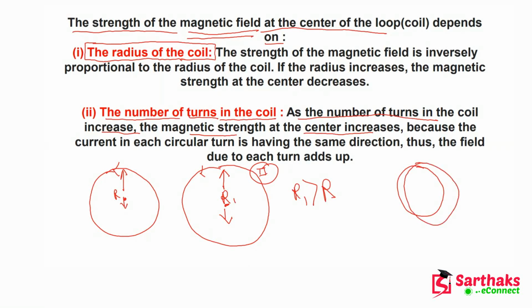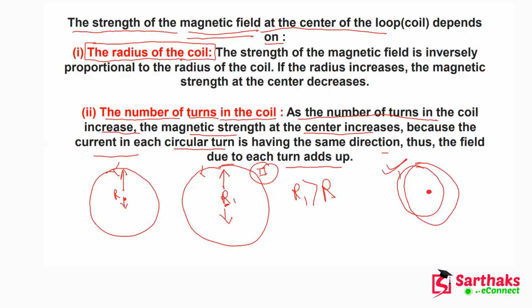In this case, if you find the strength at the center, it will be higher than for the single turn, because the current in each circular turn has the same direction, thus the field due to each turn adds up.